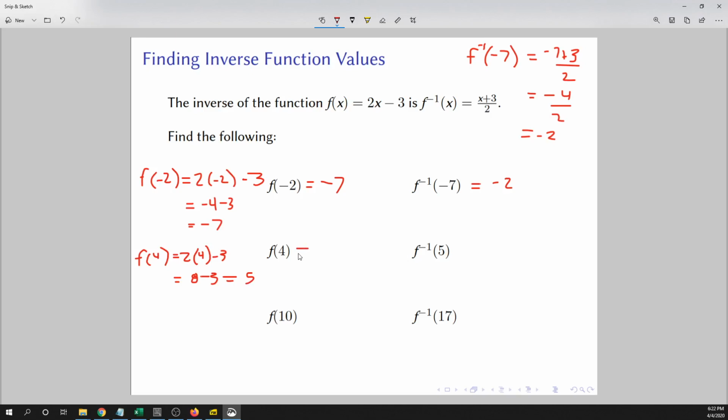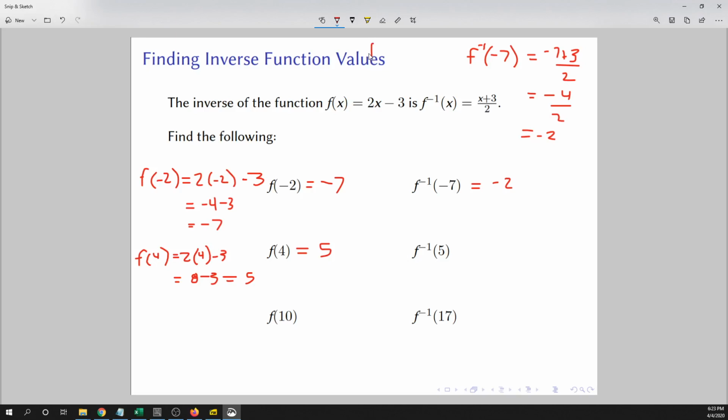And if you believe what I told you in the previous one, then we really don't even have to work this out. We know that f inverse of 5 is going to be equal to 4, because when I plug the 4 into f, I got a 5. If what I said about the inverse is true, when I take this 5 and plug it into the inverse, I'm going to get that 4 back. And of course, we should go ahead and verify that and make sure that it's true.